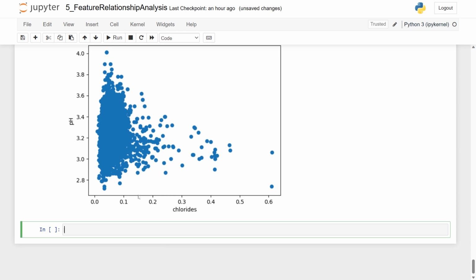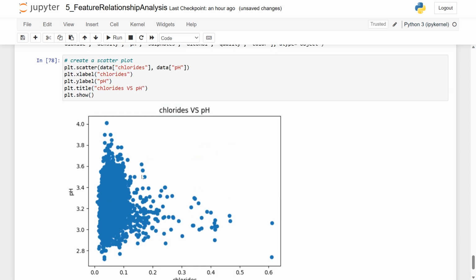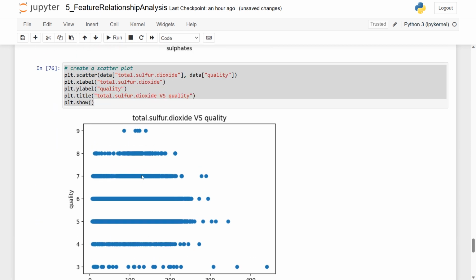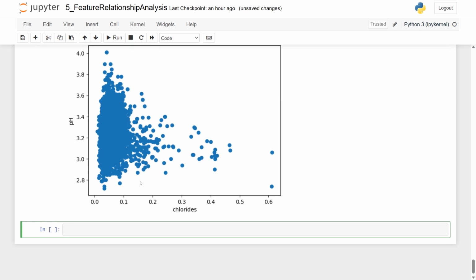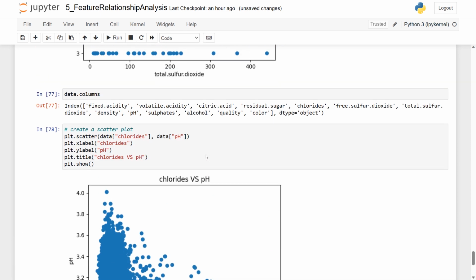We cannot say there is a proper correlation, but to an extent, as the concentration of chlorides increases, the pH value is also increasing, but not to that level. So the value would be lesser, and we cannot give any proper correlation. It cannot be a linear equation either; it could be some other non-linear relation.